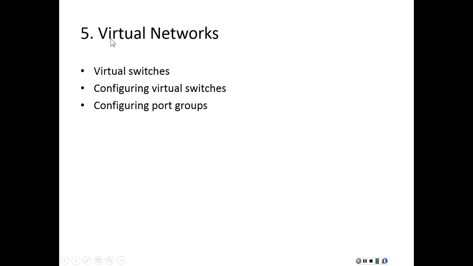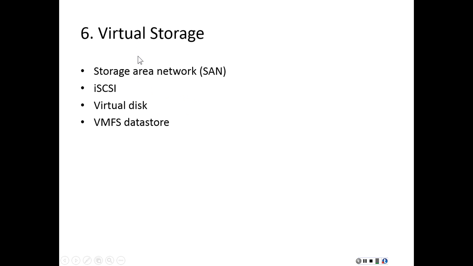And then in Chapter 5, Virtual Networks, is where we look at virtual switches, at configuring virtual switches, and at configuring port groups. Chapter 6, Virtual Storage, we look at SANs, Storage Area Networks, and iSCSI, which is a type of storage area network. We look at virtual disks and at VMFS, Virtual Machine File System, data stores.